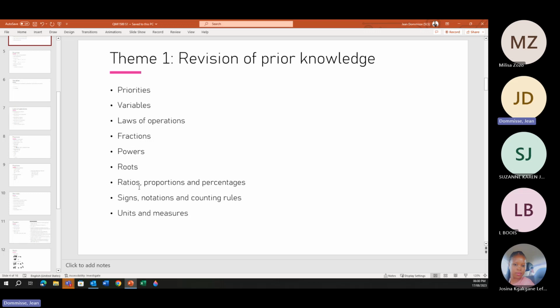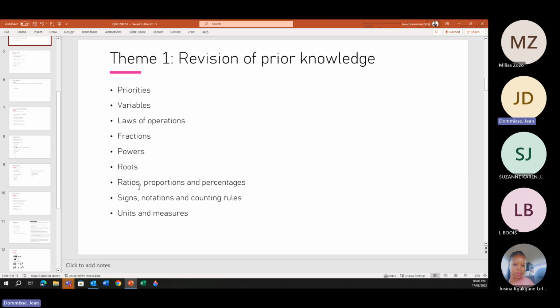Okay, so let's look at theme 1, probably things that you have already covered. After tonight's session, I will plan according to what the needs are and align to your assessment.